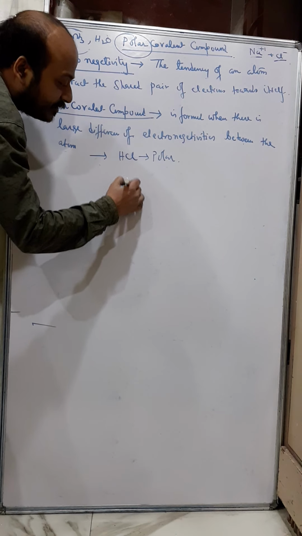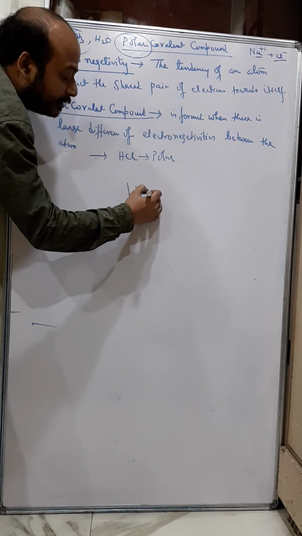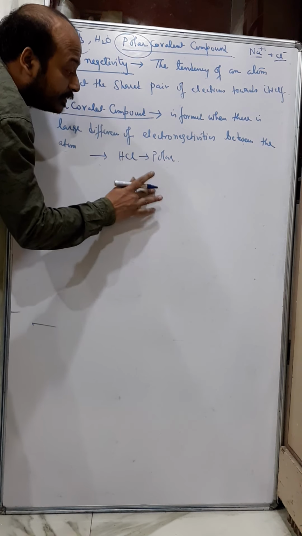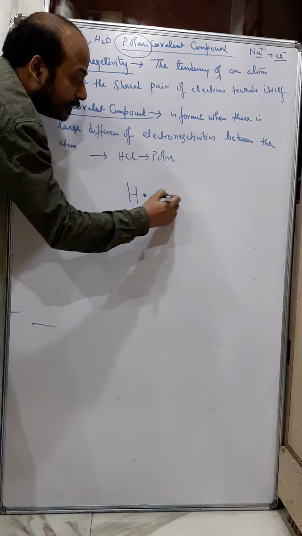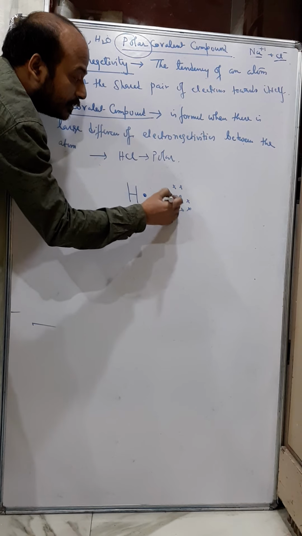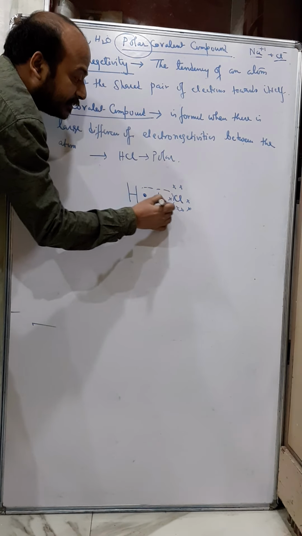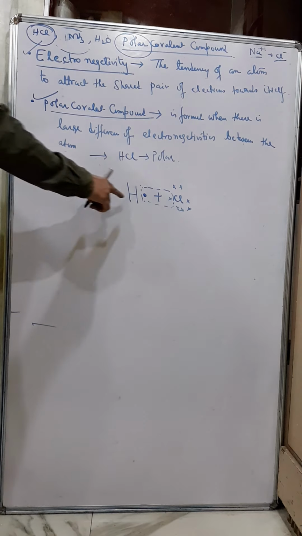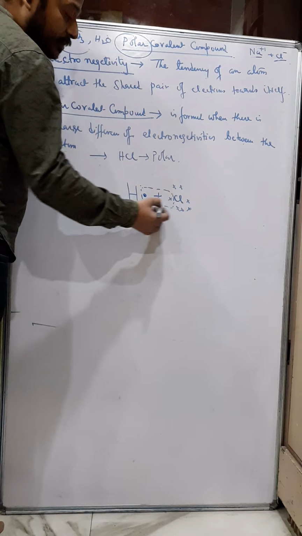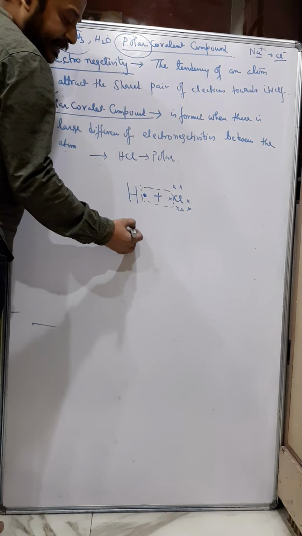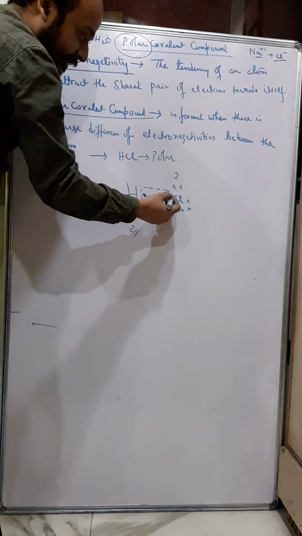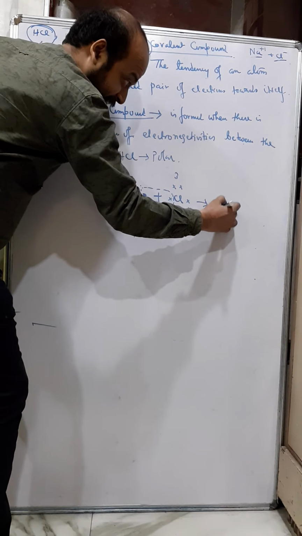Now if I see the structure, this is hydrogen and this is chlorine. Now they share each other. As I told you, the electronegativity of hydrogen is less and chlorine is more, and there is a large difference. So hydrogen is 2.1, chlorine is 3. Now when these two share their electrons with each other, the structure is like this.